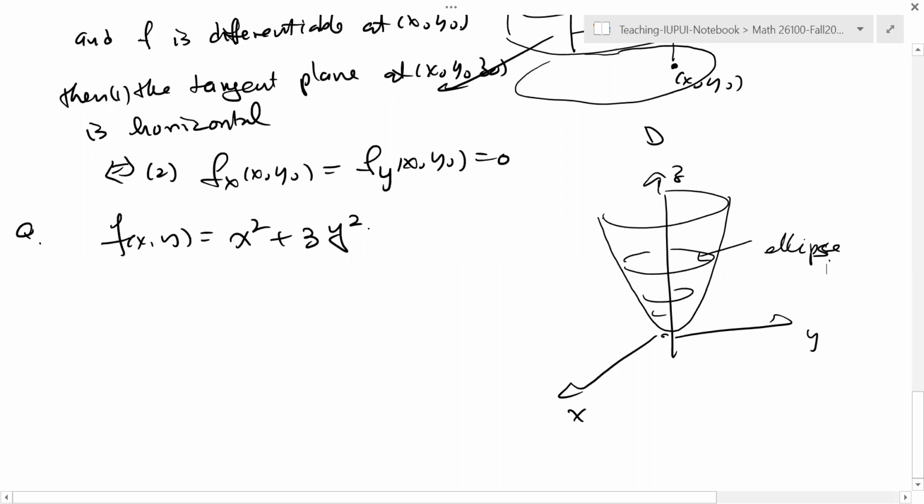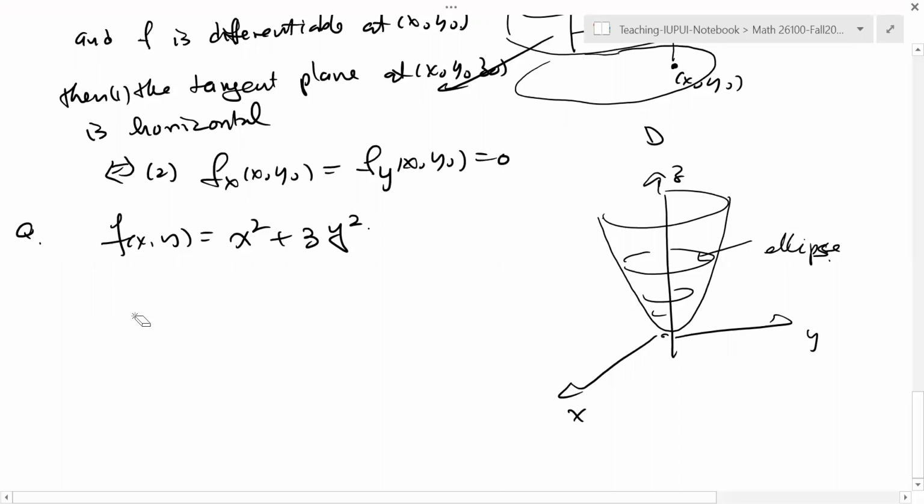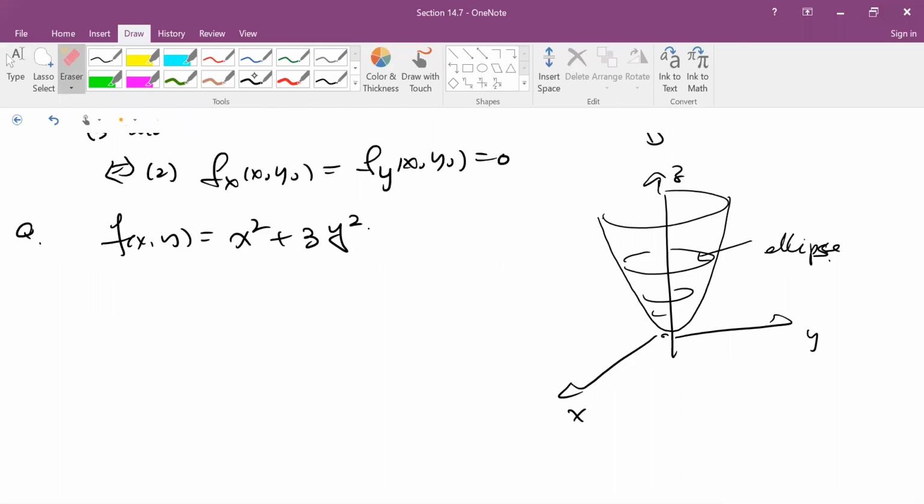If we can draw the graph, you can see already that this has a local minimum value. Now I don't need to assume that. I just find the partial derivatives first, and find those points at which the partial derivative is 0.